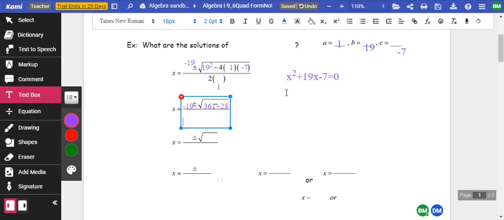We're going to do it all over 2. 28 plus 361, and remember, I got that plus because a negative times a negative is a positive, is 389.